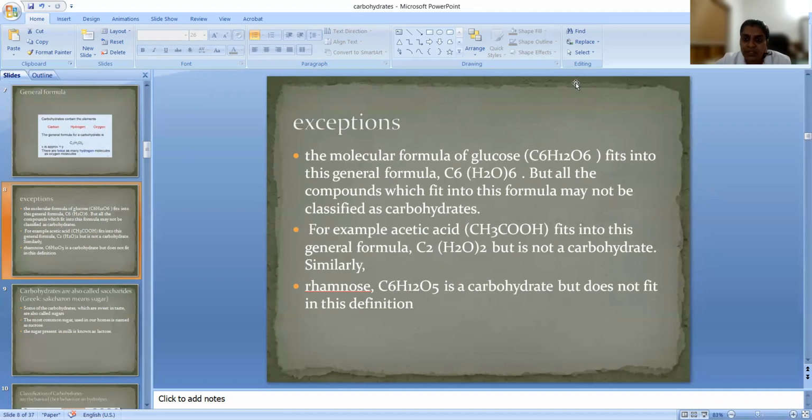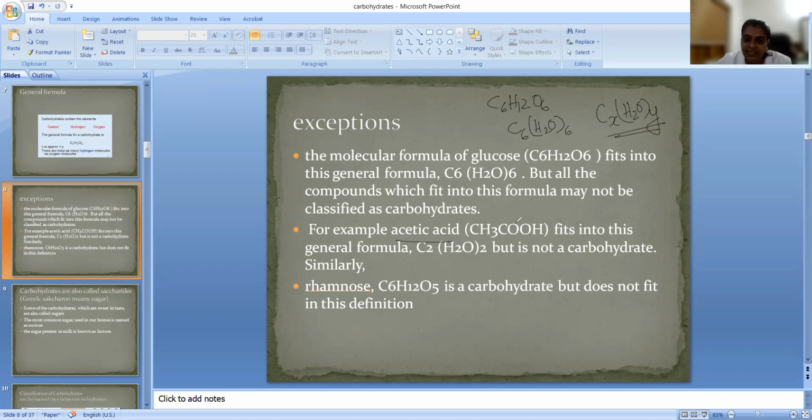Glucose, we know, is a carbohydrate, C6H12O6. This can be written in the form CxH2Oy. But there is also acetic acid.